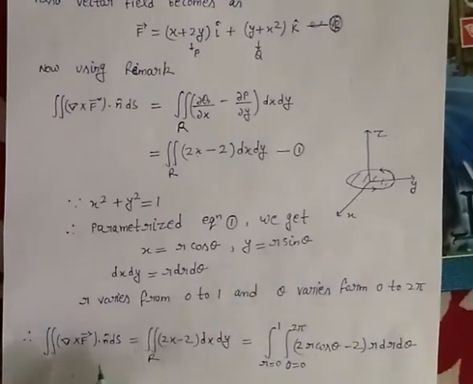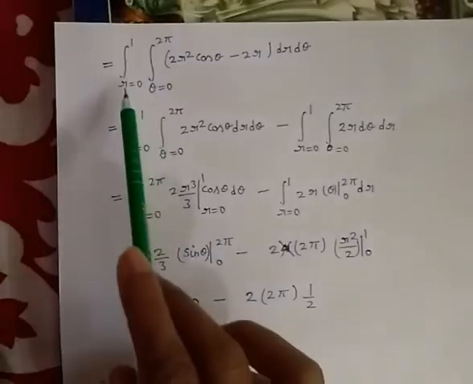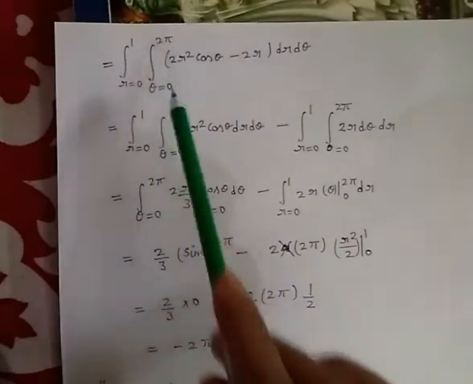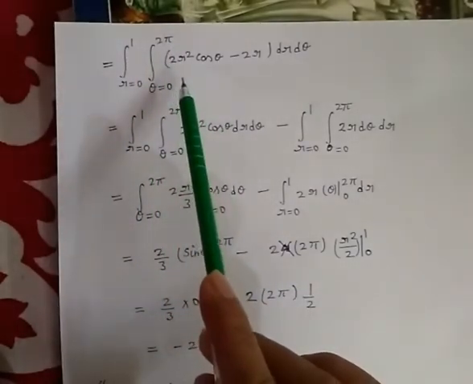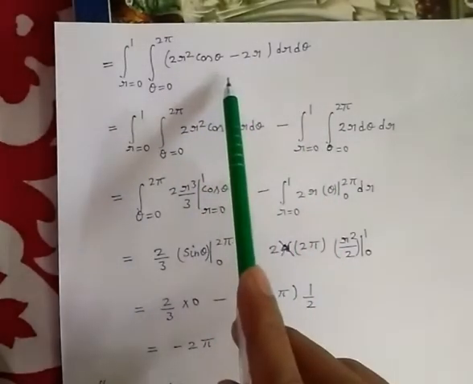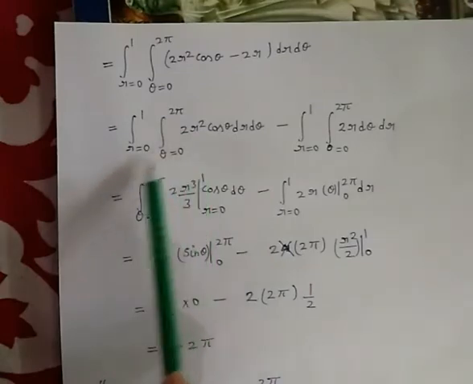Thus the integral of curl F dot n cap dS is equal to the integral for r from 0 to 1 and theta from 0 to 2 pi of (2 r square cos theta minus 2r) dr d theta. We are going to simplify this and solve it.